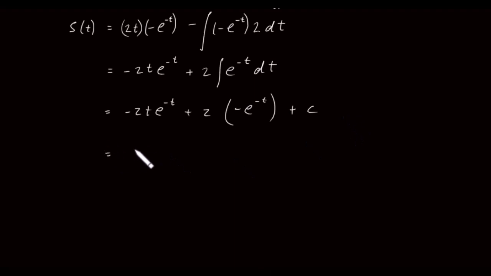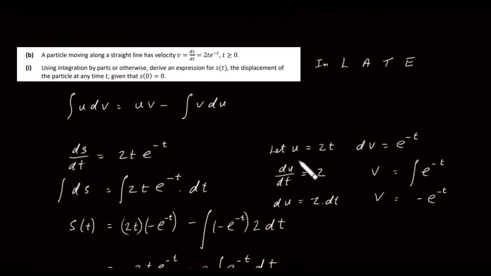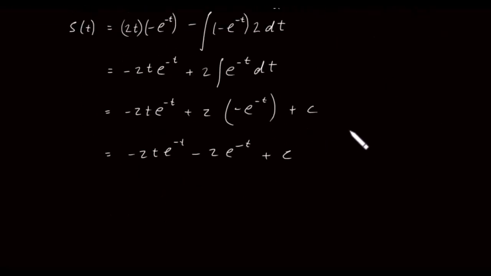Let's simplify this a little bit. It's minus 2t e to the power minus t, minus times plus is minus 2 e to the power minus t, plus c. The next thing we've got to do is work out what c is. If we go back to the original question, it tells us at the end that S of 0 is 0. This is S of t here.